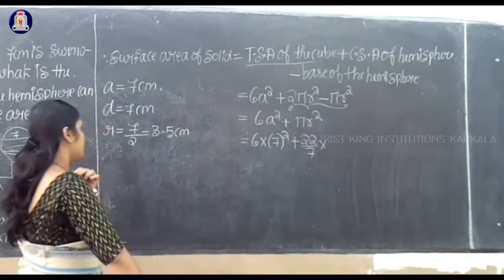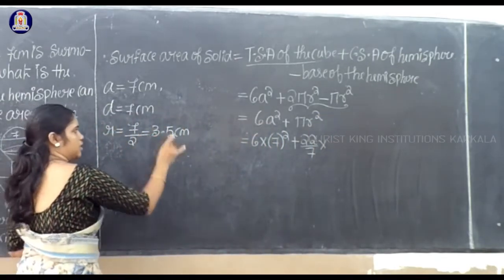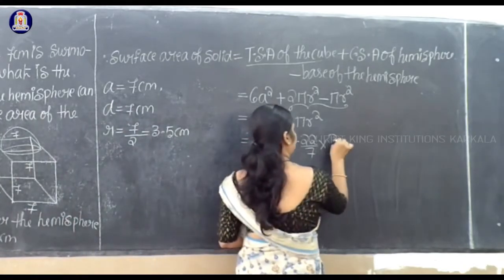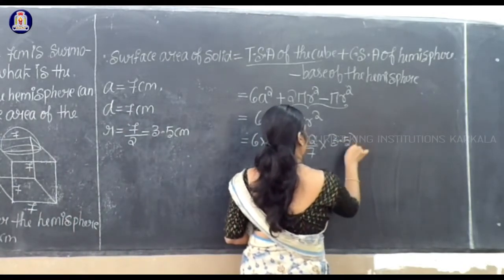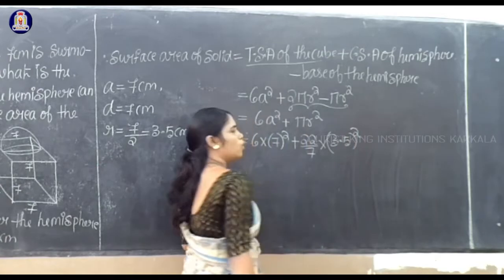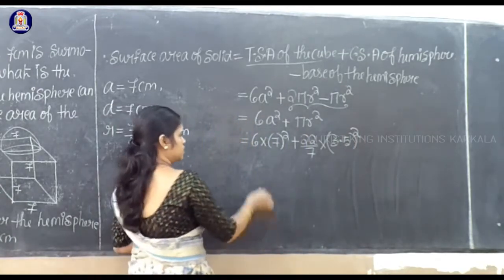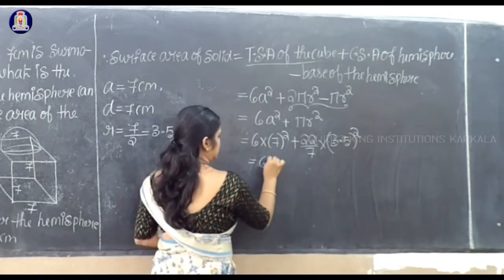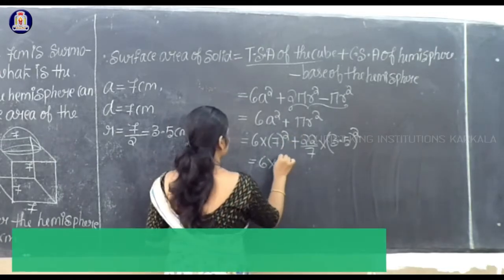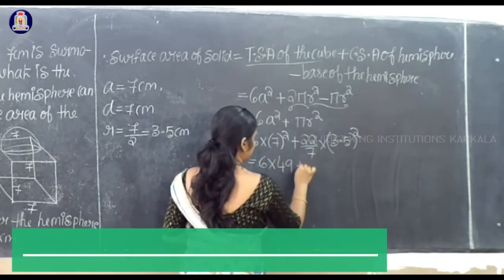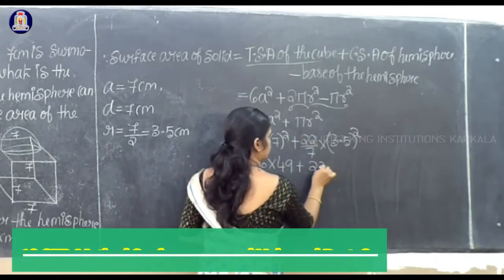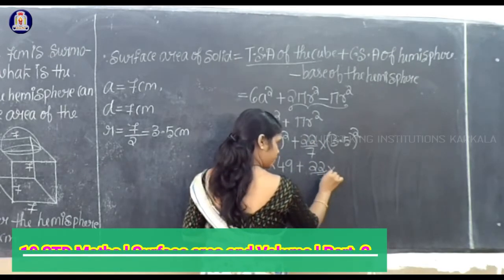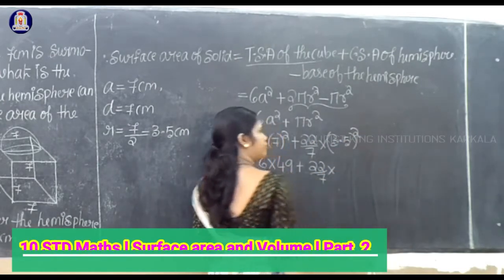What is the value of r here? r is equal to 3.5, whole square. So this is equal to 6 into 7 square, which is 6 into 49, plus 22 by 7 into 3.5 whole square.